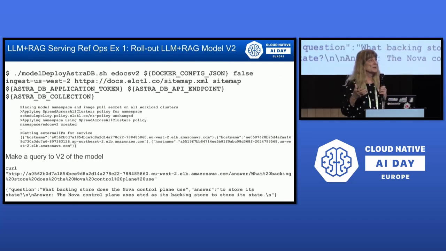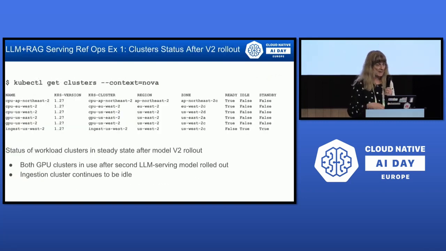But again, we get the three addresses, this time for version 2, and we execute a command against version 2 of the model, and we see that it responds with the answer we expect. So at this point, 5 of the 6 clusters are active. The 2 GPU clusters are both active, each of them having 1 GPU, so each of them running a separate copy of the LLM serving model, and then the 3 front ends continue to be active.